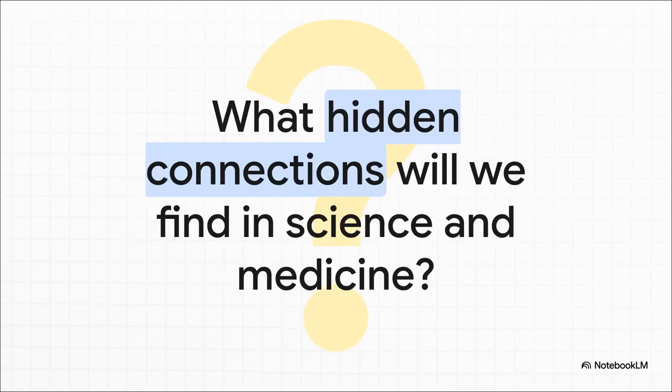And that leaves us with a really exciting question to think about, right? If we now have an AI that can learn the unique language of any network instantly, what does that mean? What hidden connections in science, in medicine, in technology are we about to uncover? What problems that seemed impossible before are suddenly within our reach? It's an incredible thought. Thanks for diving into this with me.